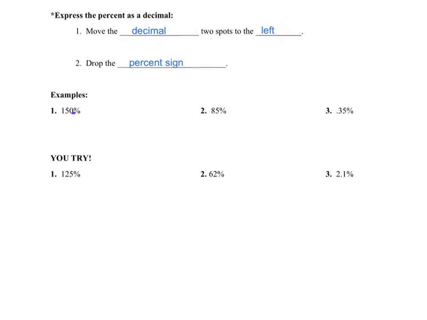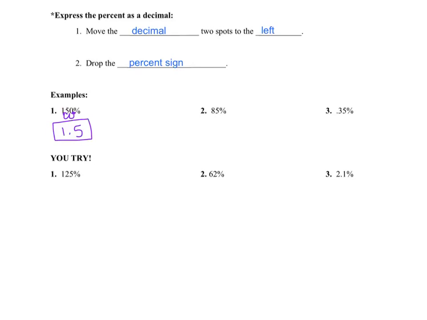So we're going to take that decimal, move it 2 spots, 1, 2, to the left, and insert it between the 1 and the 5. Now you don't need the 0 there anymore. You can get rid of the 0. And then the next step is to drop the percent sign. So if we had the percent sign there, we would eliminate it. So what's your final answer? 1.5.